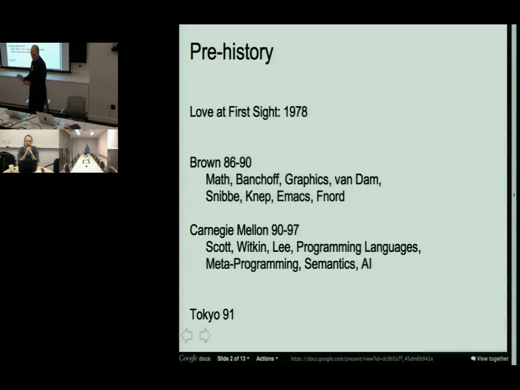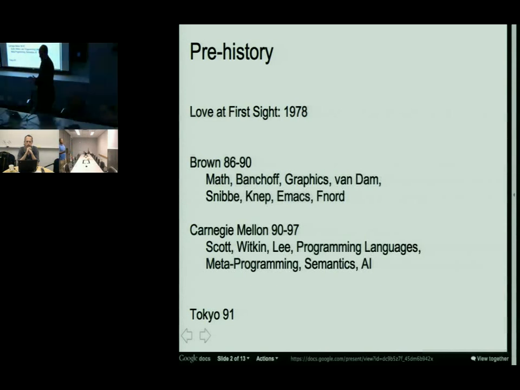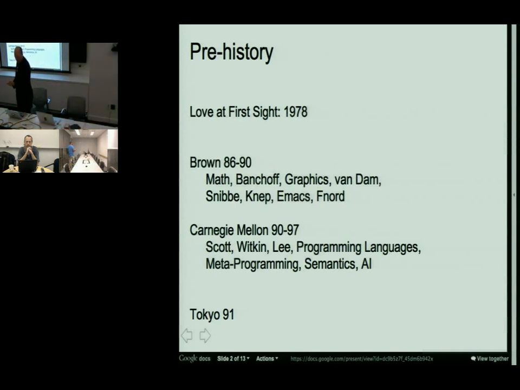And so then I went to Carnegie Mellon University to study computer science with people like Andy Witkin and Peter Lee. And I was studying programming languages and something called metaprogramming, which are programs that write programs, or things like compilers, and semantics, which are the meaning of languages or the meaning of statements, and artificial intelligence.